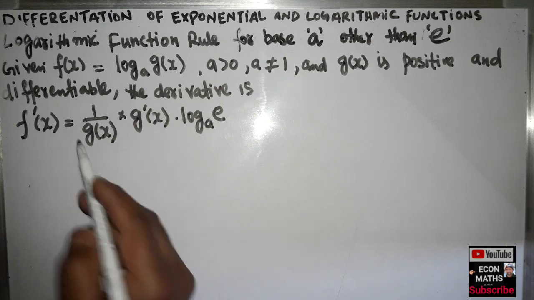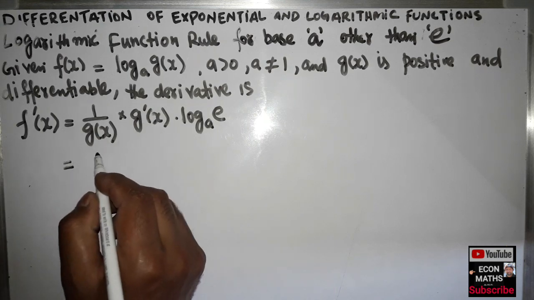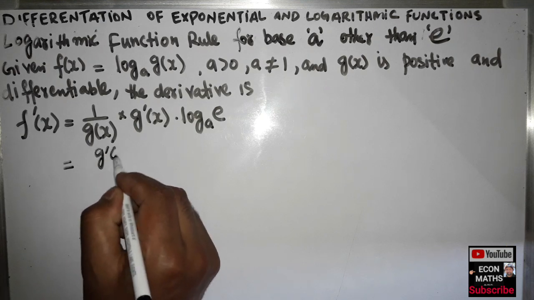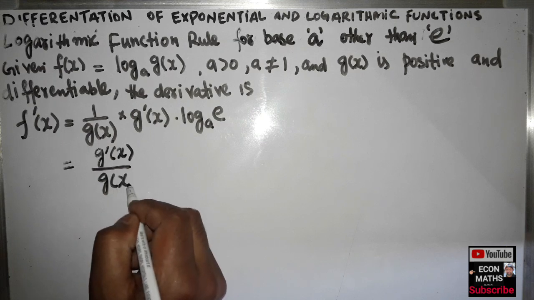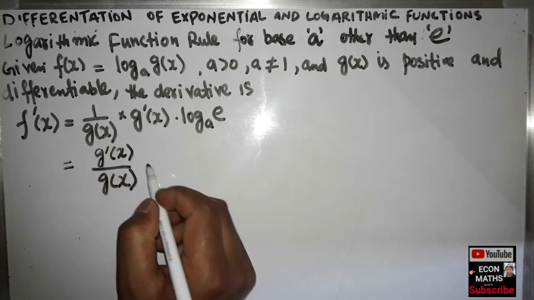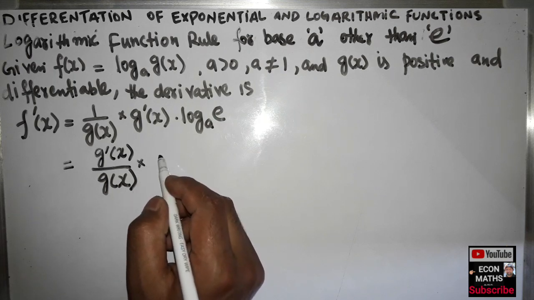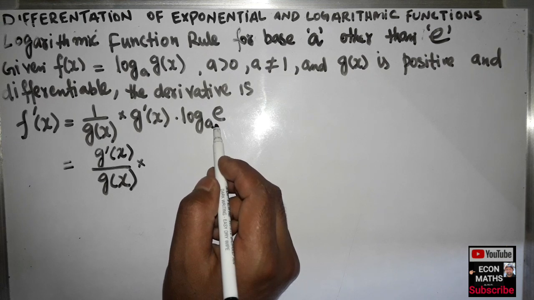Or we can write this as g dash x over g of x into log e with base a.